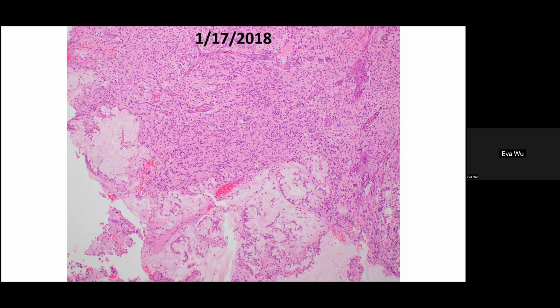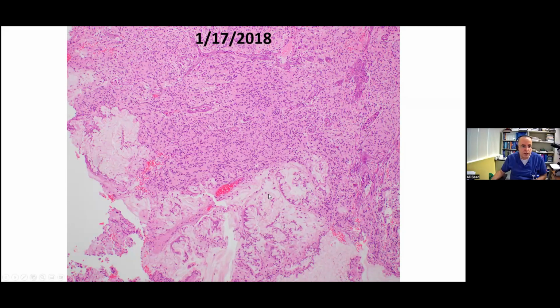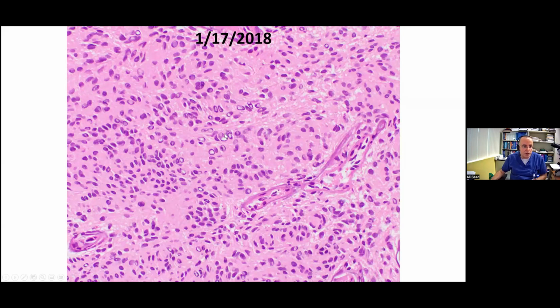5 days later, she underwent craniotomy, and this is the tumor. So you can see a biphasic growth pattern. Here you have solid growth, and then you have structures that are similar to the one I just showed you in the spine. So there is definitely metastatic mucinous adenocarcinoma here, but this is the sheet-like growth, and this is a meningioma, and you can see the characteristic clearing of the meningothelial nuclei.